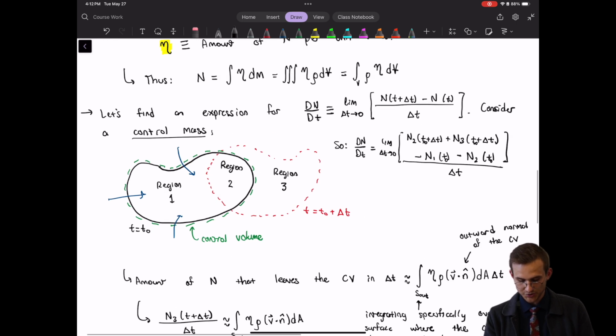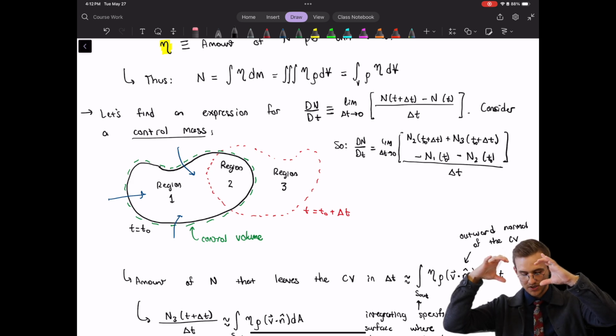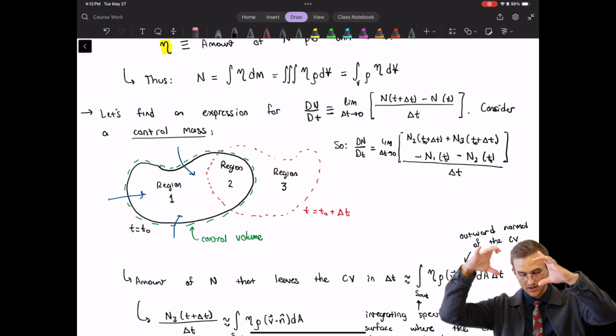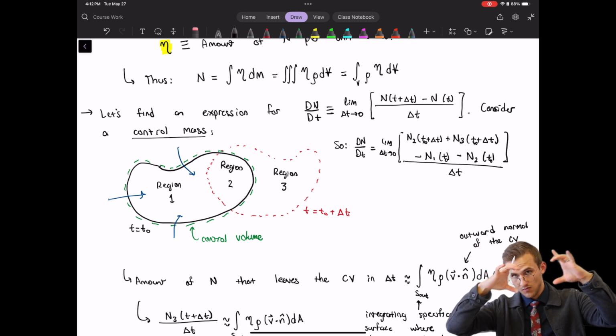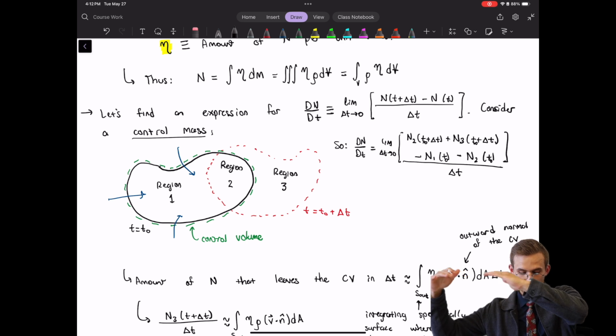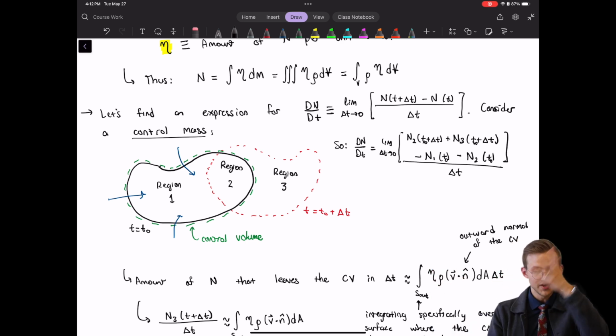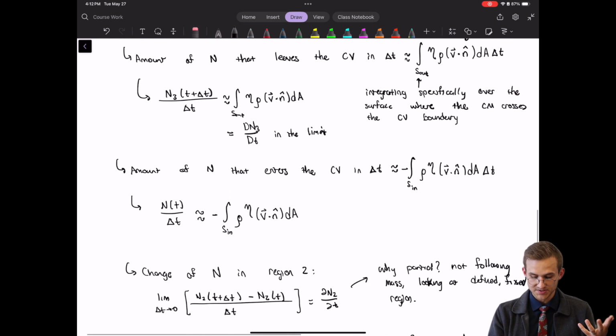Imagine this picture that we're looking at on the screen. As delta t goes to 0, that dashed red line is shifting over as you shrink delta t until it eventually will lie right on top of the solid black line and be coincident with the control volume, right? And we're evaluating all of this in the limit as delta t goes to 0.